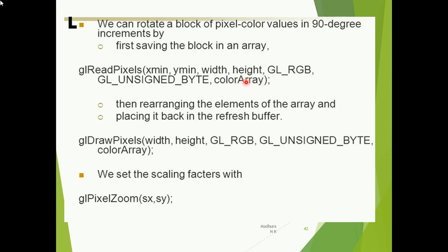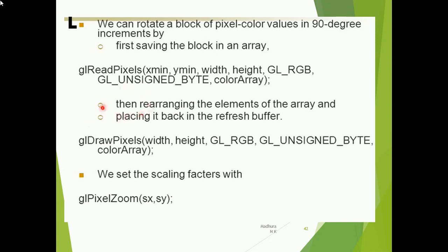So the array of pixel information is created initially. For the rotation activity, you have created an array of pixel values. Now you have to rearrange the elements of the array. For rotating by 90 degrees, you have to rearrange the array elements, which we already saw in the previous slide.